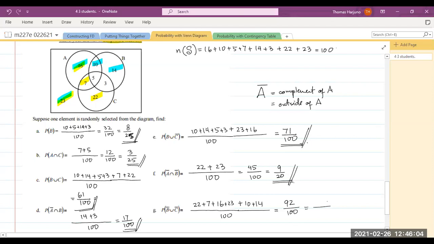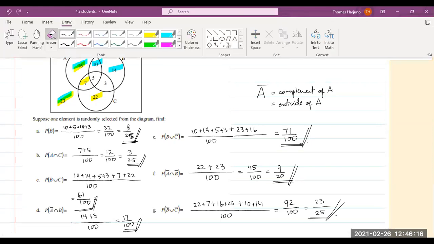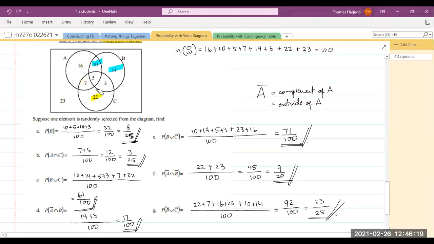I can reduce by 4, I believe. That's 23 over 25. Okay, now that's the 3 circles case. But again, this is more about whether you understand what those notations mean. That's for the Venn diagram.